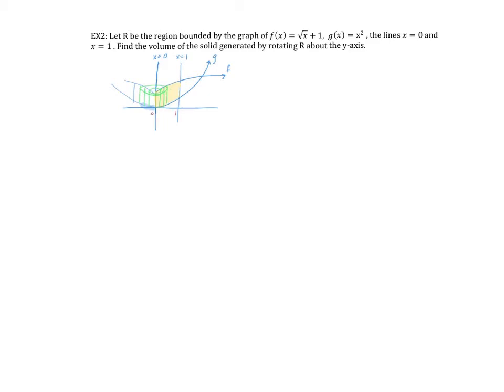Okay. So sometimes it's helpful to draw a representative height so you could see which function is the upper and which is the lower function. And here I could see f is the upper function, g is the lower function. When I compute the volume, I'm going to integrate from x is 0 to x is 1.